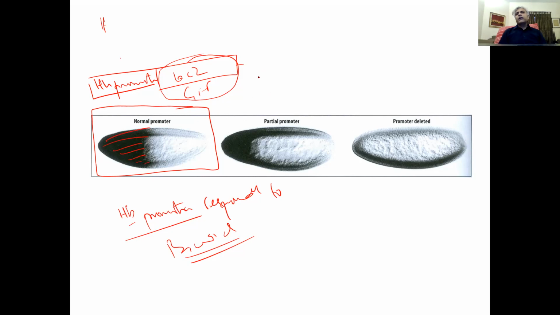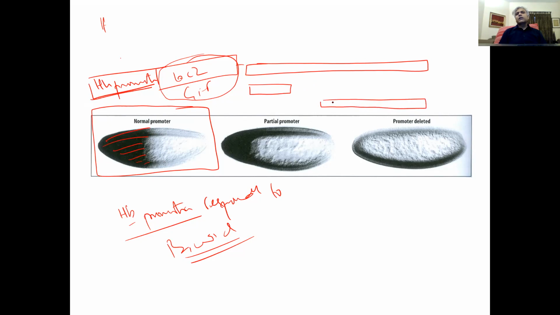Now, if you start truncating the promoter, so let's say this is the full length wild type promoter. You make different truncations like this promoter, then only this promoter region, then an overlapping region, this one, then maybe a region where we have this one, then there's a deletion, then it continues.